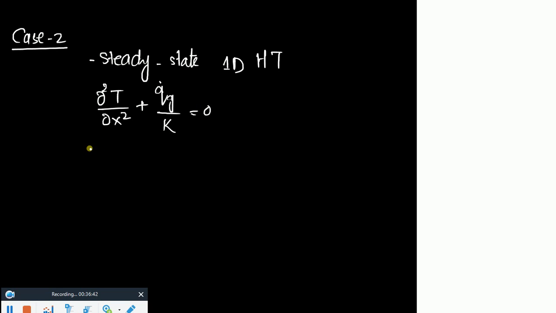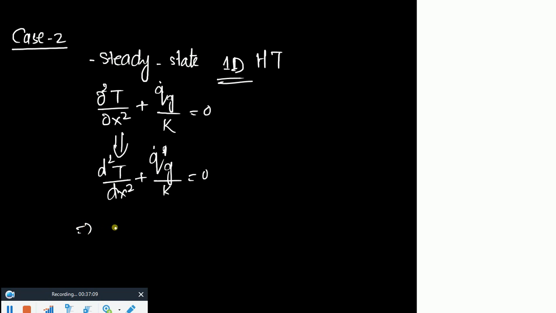Now see, in this case, can I write it like this? Come on. I can write it like this. Why? Because this is 1D and there is no dependence on time. So if I take its first derivative, that would be equal to minus Q dot G over K, and you have x.